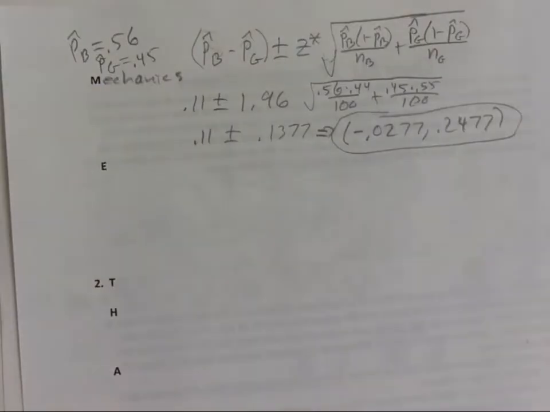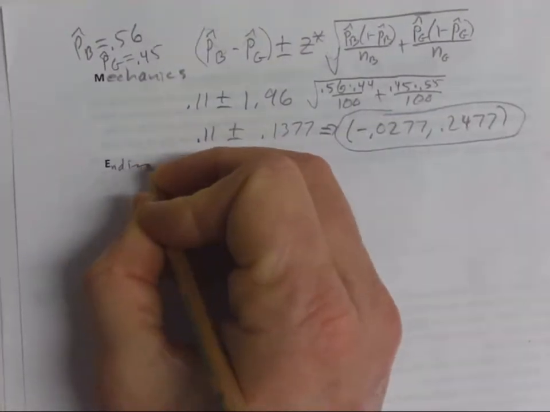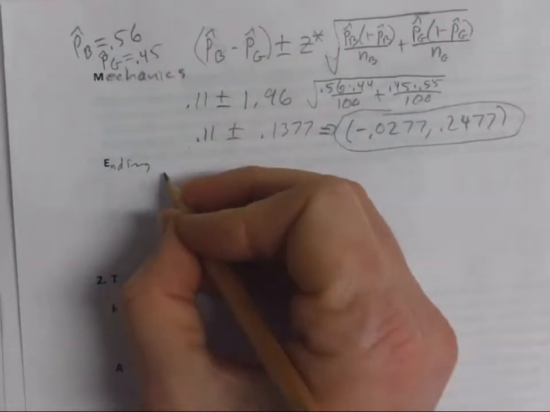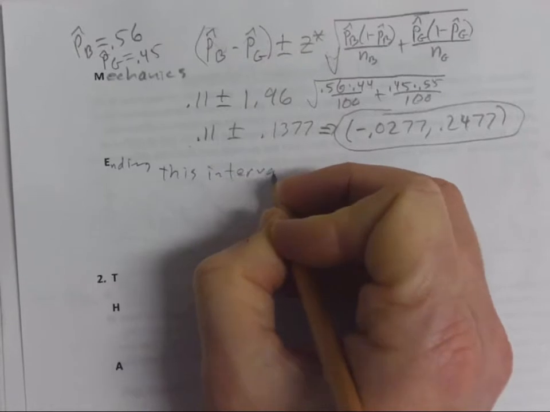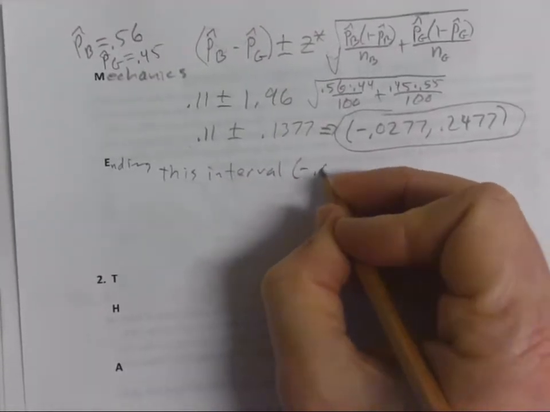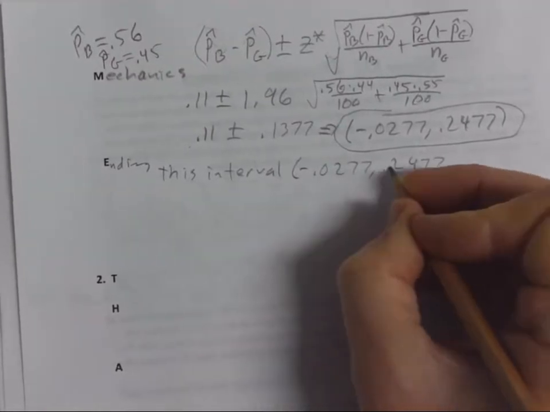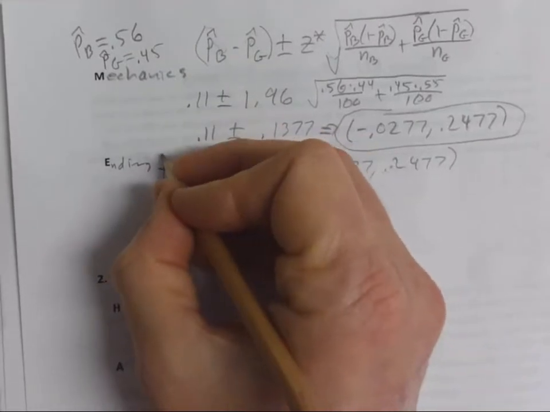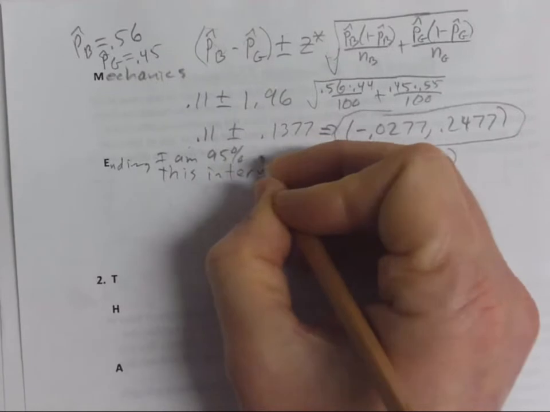And so then to end this is our ending. In other words, to state our conclusion or to interpret our interval, you would say this interval, just like what we did in Chapter 8, and say what it is. So negative 0.0277 to 0.2477. Okay, I'm sorry, I am 95% confident. I should say that first.